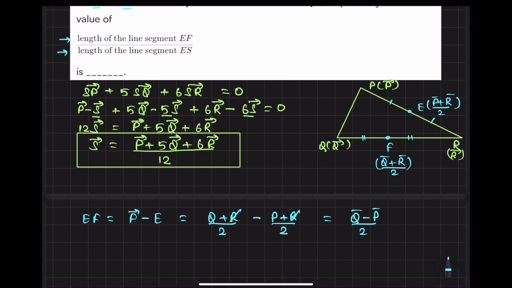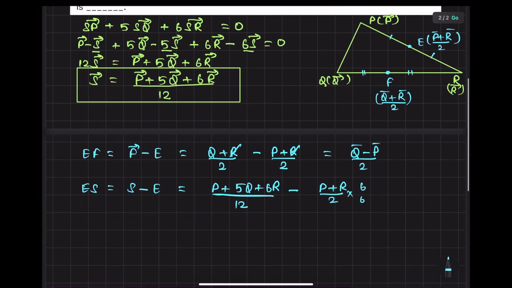Now the length of ES. ES will become S minus E. So who is S? S is (P plus 5Q plus 6R) by 12 minus E. E you already know is (P plus R) by 2. I'll multiply and divide by 6, so the 6R terms are gone.